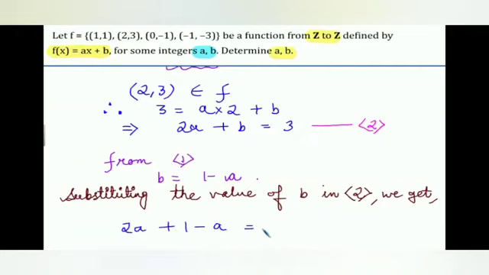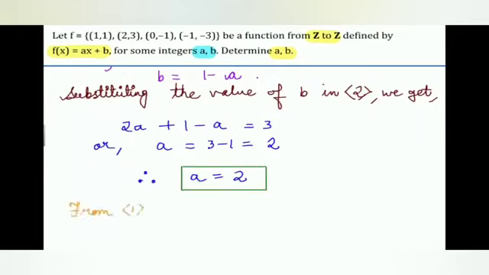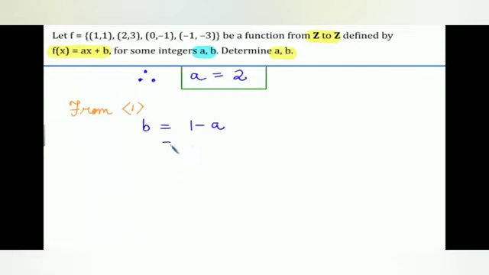Right, so 2a plus 1 minus a is equal to 3. So a plus 1 is equal to 3. So a is equal to 3 minus 1, that is 2. So a is equal to 2. Now from equation 1, b is equal to 1 minus a.